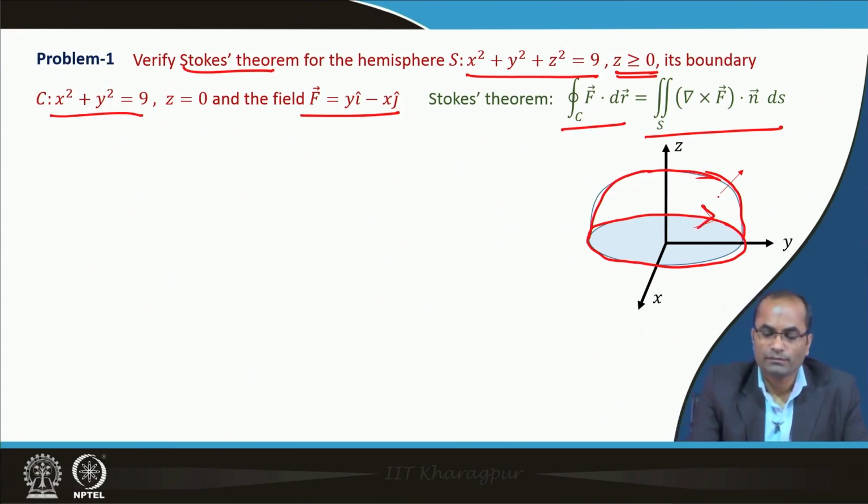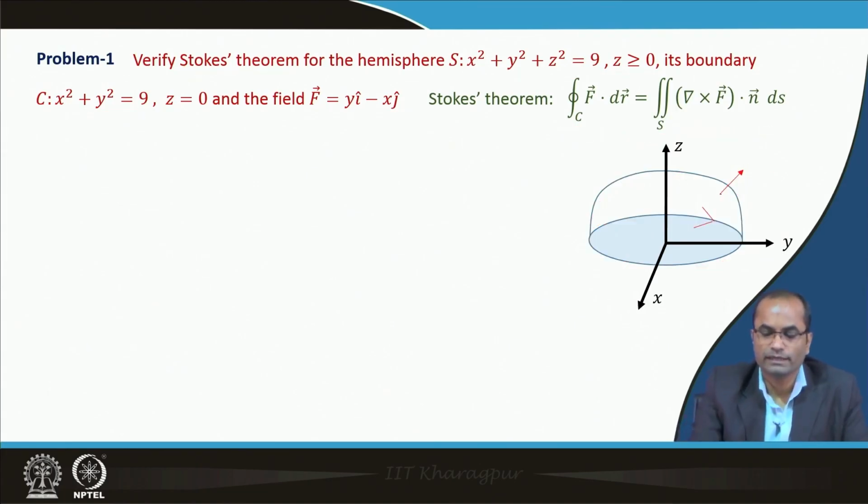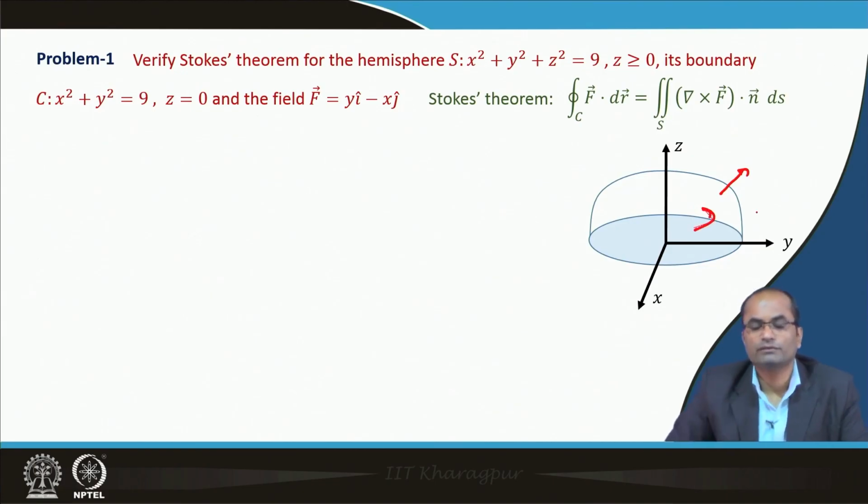Again the same idea: if we take the outer normal and we walk along this curve in this direction, then everything is in line, the surface lies to our left. So, we will take the outer normal and the anti-clockwise direction for the boundary circle.